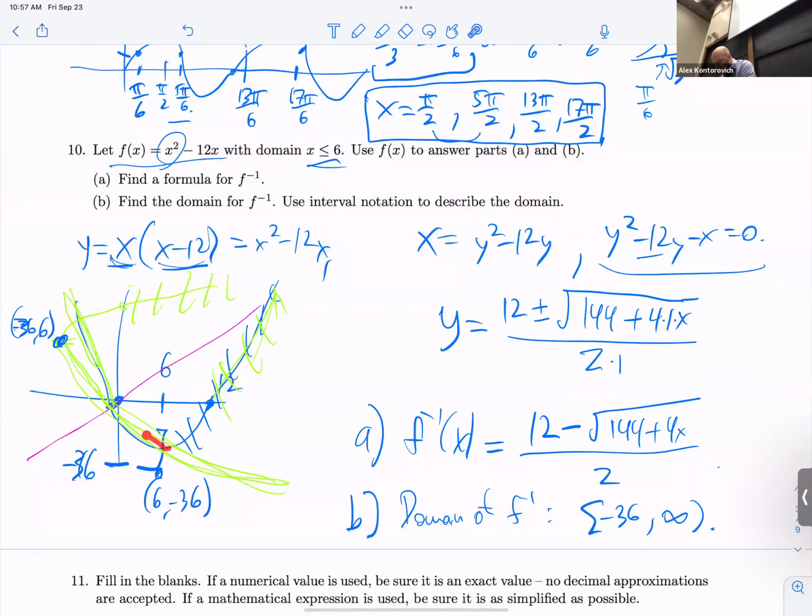But if I look at the original curve, so you can say, well, what about the point 0, 0? 0, 0 is on the original curve. That means when I reflect across the line y equals x, 0, 0 will still be on the inverse curve. So if I want this point to be on the curve, do I want the top curve or the bottom curve? That's one way to guess that you want the bottom curve, which is the one with the minus sign. Does that make sense?